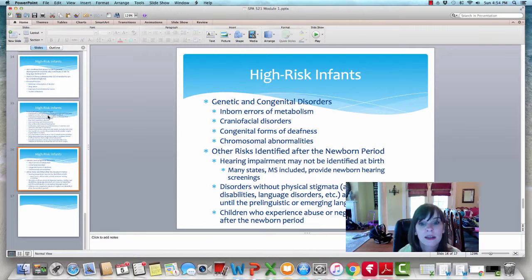Then we have disorders without physical stigmata, such as autism, intellectual disabilities, specific language disorders that are not identified until the prelinguistic or emerging language period. And then children who experience abuse and neglect are often identified after the newborn birth period. Of course, we can identify the ones that were fetal alcohol syndrome or drug abuse.